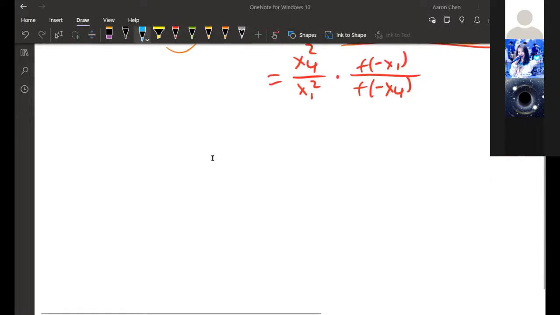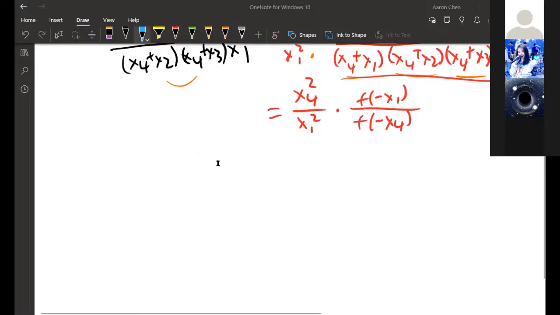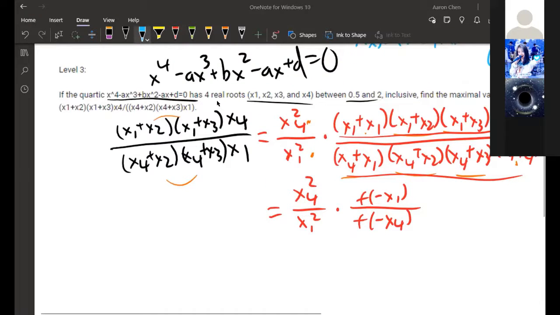And so after that, well, we can just use this. And so that tells us that, if we plug it in, f of negative x1 minus f of x1. So all of the square terms are equal, so they cancel out. And these are negatives of each other, so we can just effectively double it.